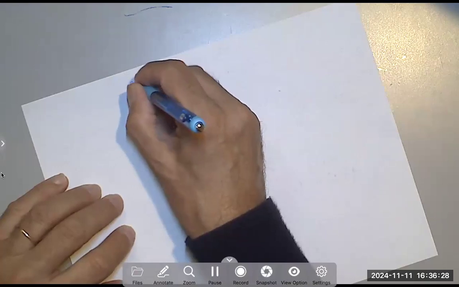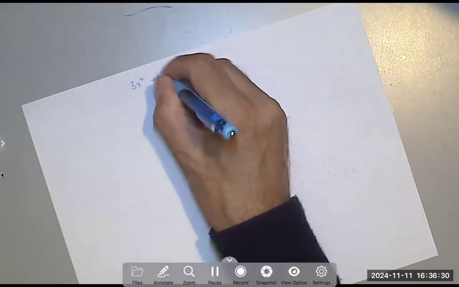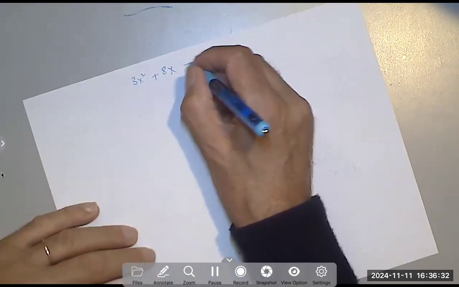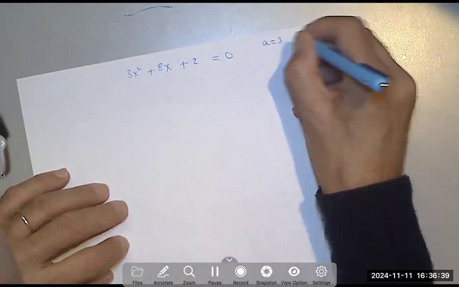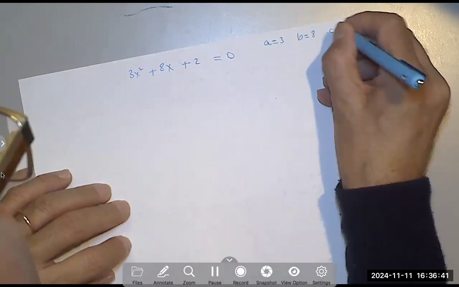Finally, I'm going to use this and solve this problem using the equation. So we have 3x squared plus 8x plus 2 equals 0, right? And I said A is 3, B is 8, C is 2.